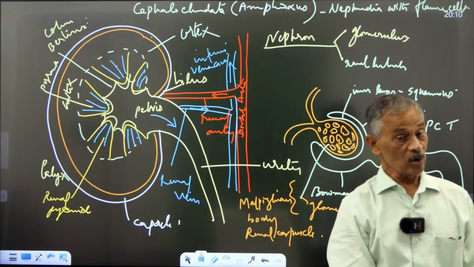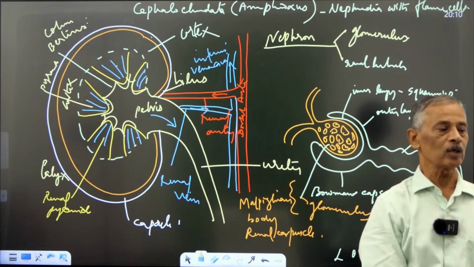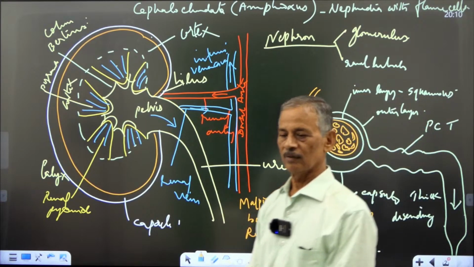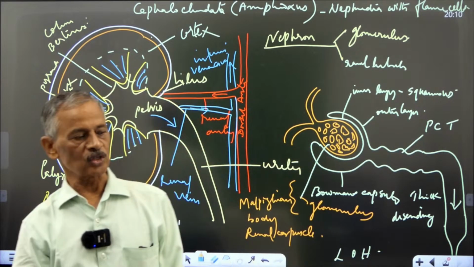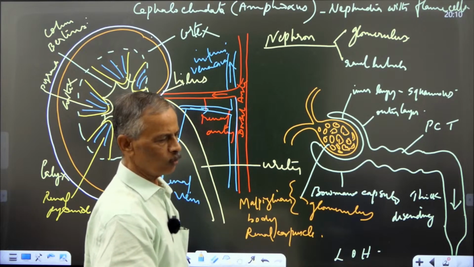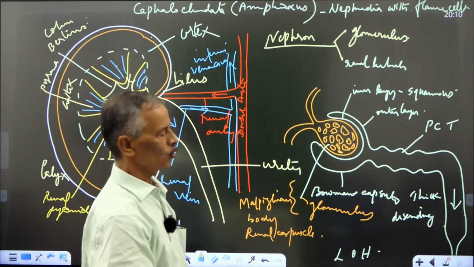Remember, you have about 1,000,000 such tiny, highly coiled tubules called nephrons, which are the structural and functional units of each kidney. Any doubt about its structure? Anybody having a doubt?